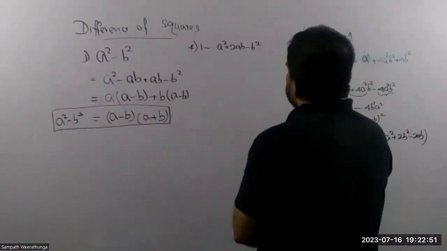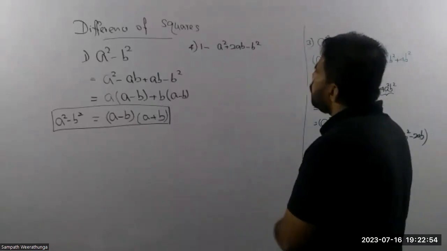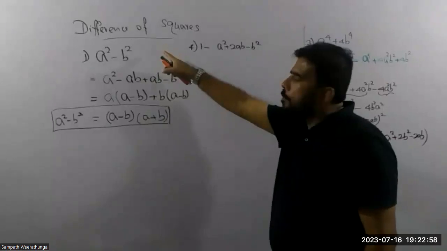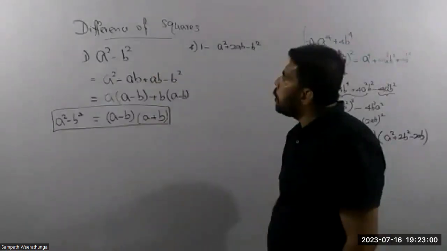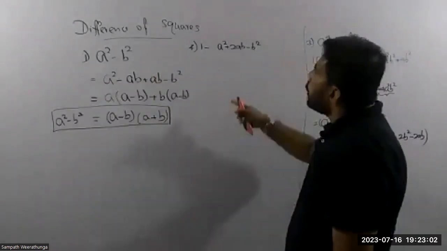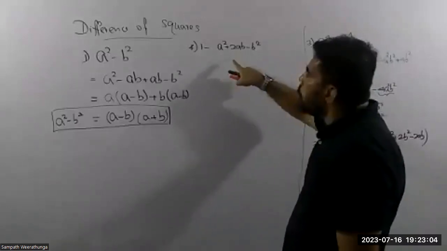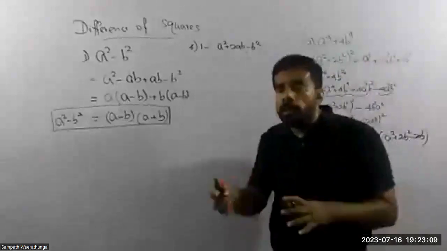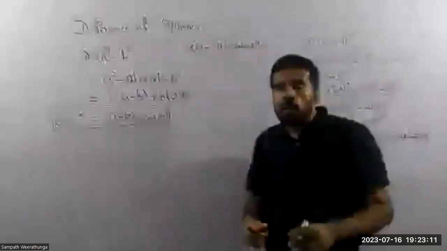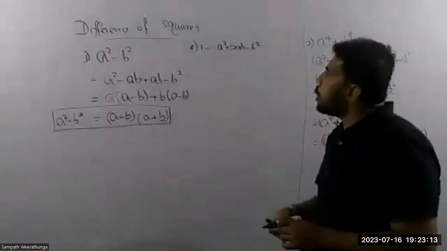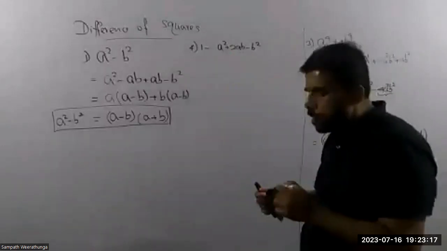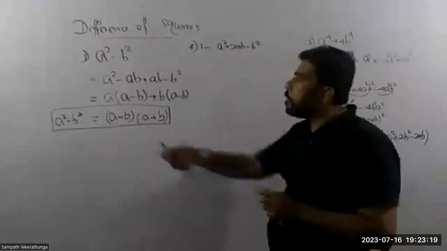Right. Still, I'm not saying that, but we are discussing this under the difference of squares module. Even though these exercises are given to explain this relationship, in day-to-day life or in your other modules, you will get this sort of expression, but nobody will ask you to use difference of squares.